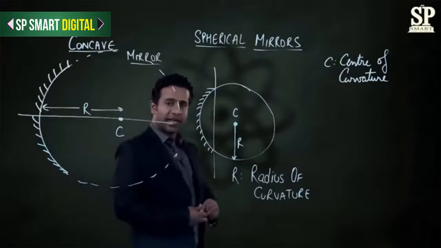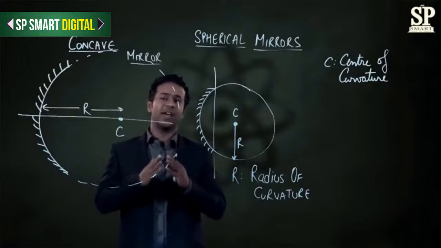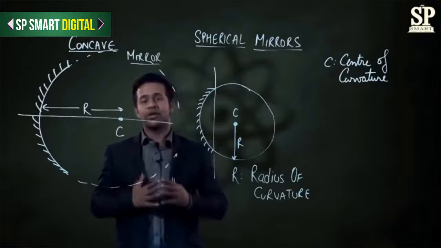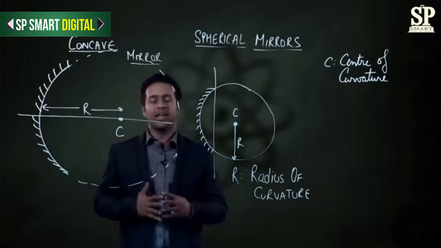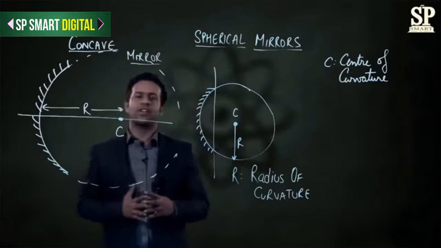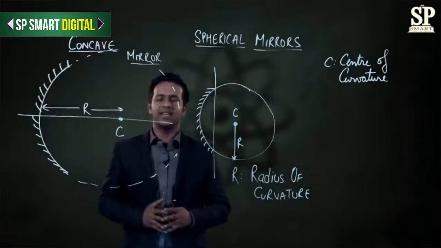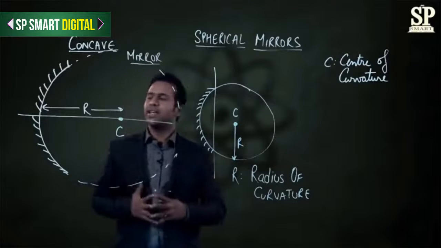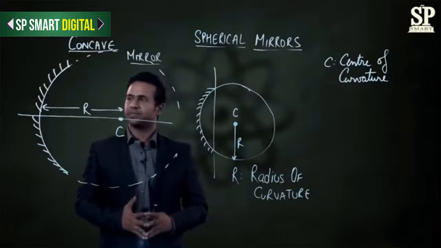So, for a concave mirror, the center of curvature is the center of the sphere of which this mirror is a part, and radius of curvature is the radius of the sphere of which this mirror is a part. Right. So to obtain center of curvature or radius of curvature, we can complete the sphere and then see where the center lies and what the radius of that sphere is. Though usually the information of the radius of curvature is given to us.